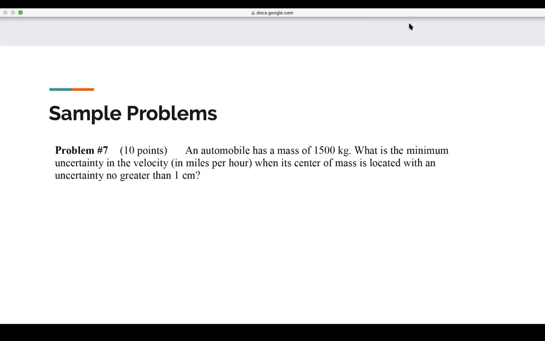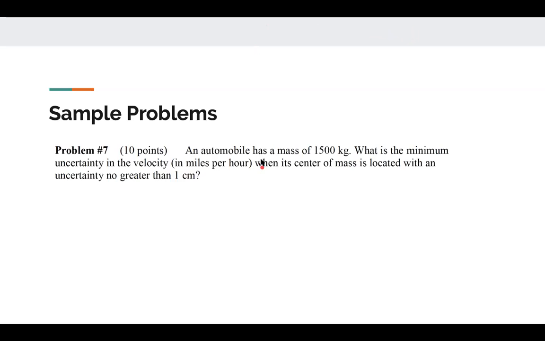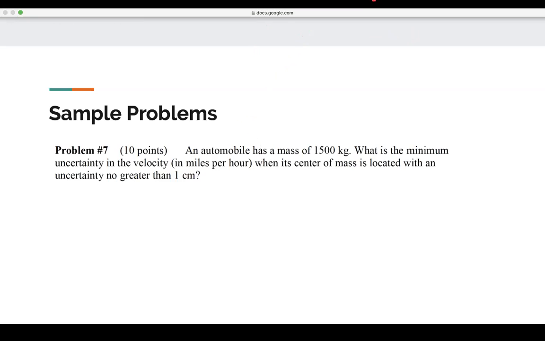If you are done with the problem, just raise your hand to let us know, or type it out in the chat. All right, we'll give you one more minute.